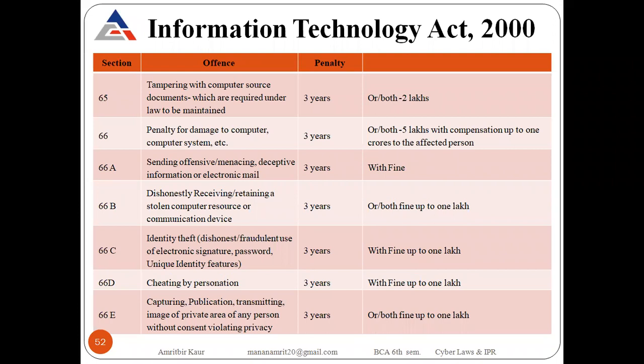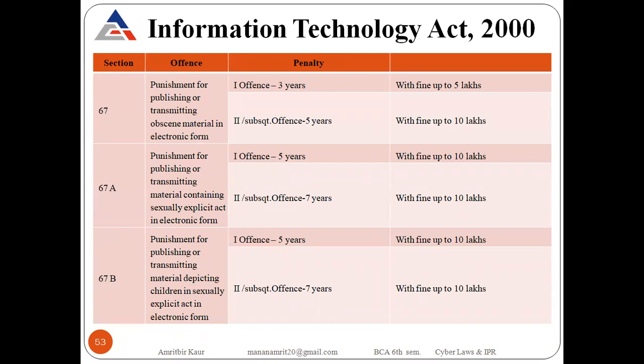Then section number 66E, capturing, publishing, or transmitting images of the private area of any person without consent, violating privacy. In that case, the penalty is 3-year imprisonment and fine up to 1 lakh. Then section number 67.